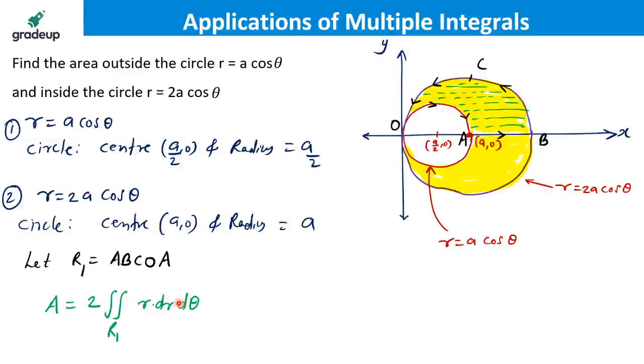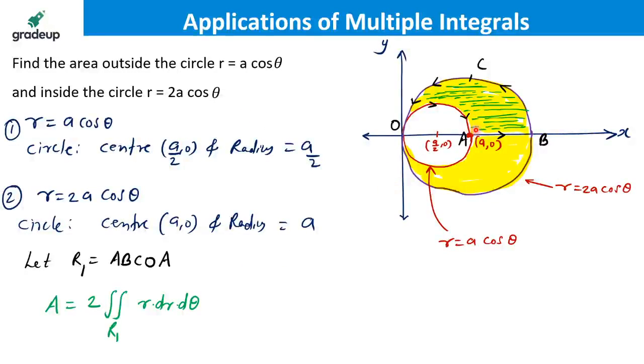This time we have to integrate with respect to polar coordinates. R1 means this upper portion, this green shaded region. If I integrate over the region R1, I will get the area of this upper half. Multiplying by 2, I will get the total required shaded area.